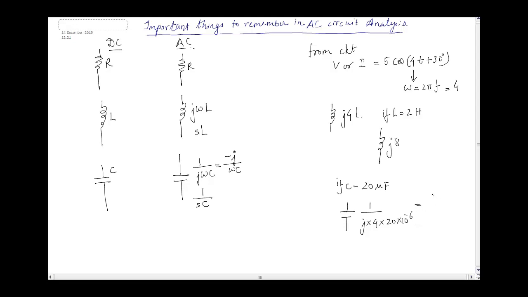So I will get 10 raised to power 6. J I will take to the top, so minus J 10 raised to power 6 divided by 4 into 20, which is 80. So I can straight away write this value.